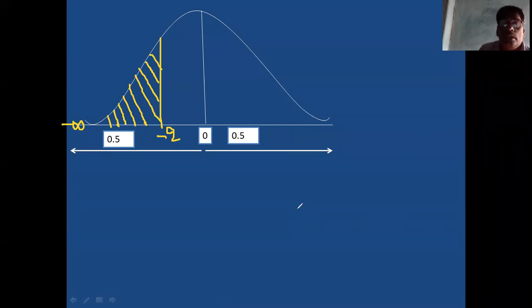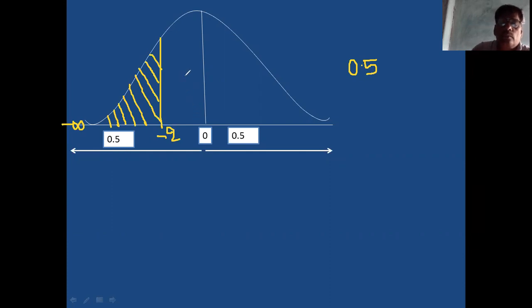If your question comes as the area from -2 to minus infinity, how to find this area? What is the area between 0 to minus infinity? Zero to minus infinity is 0.5.